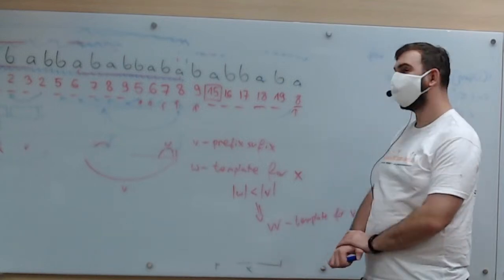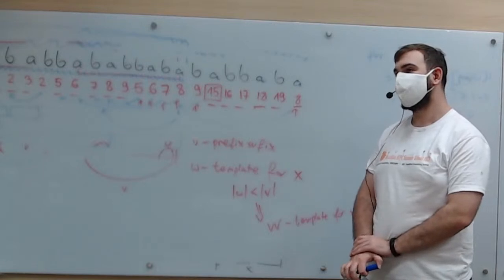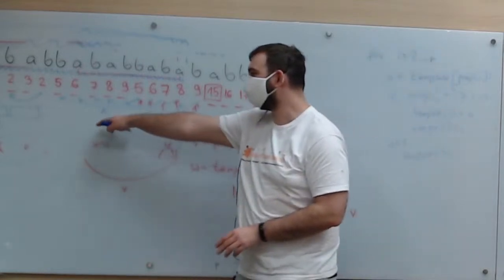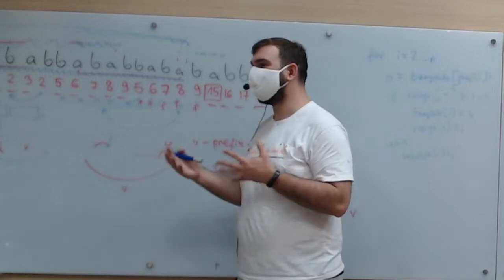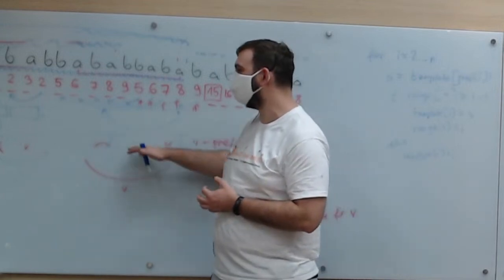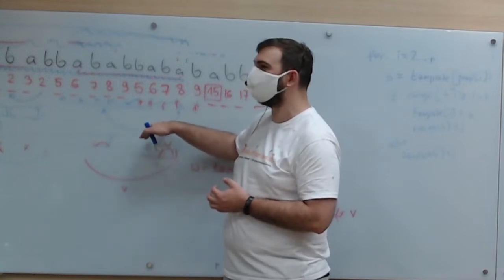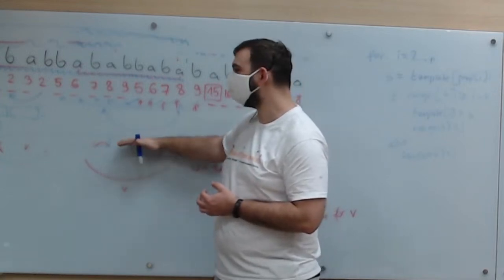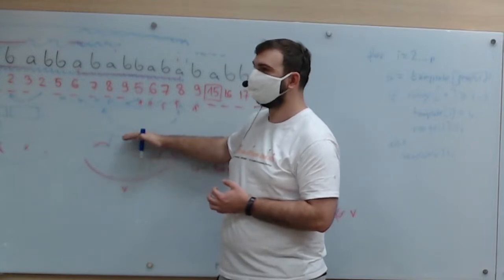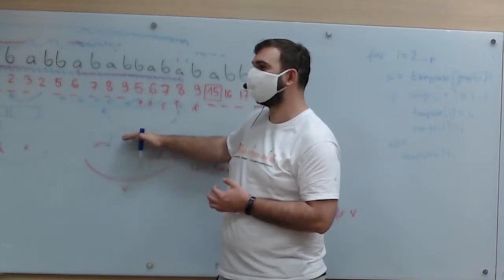For my iteration, I only need to care for that one. It is very difficult to think of an example where we will have 2 templates going together, and I think that might not even be possible. But in this iteration, I only care about this template, and that is enough.